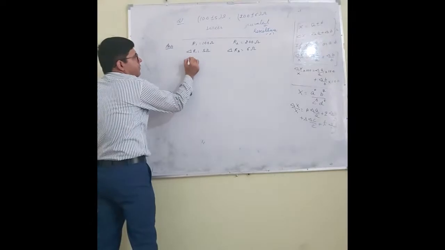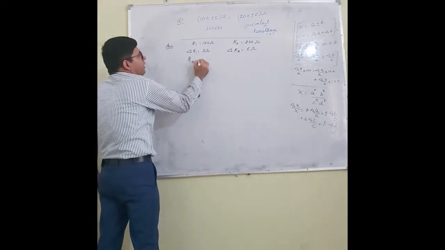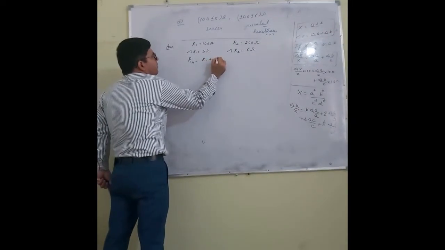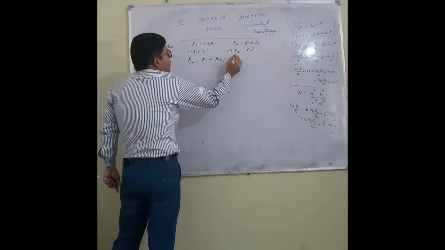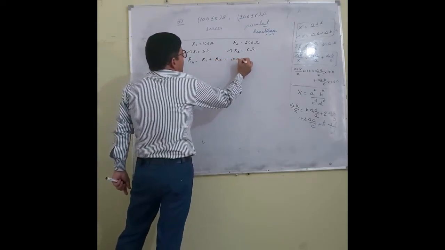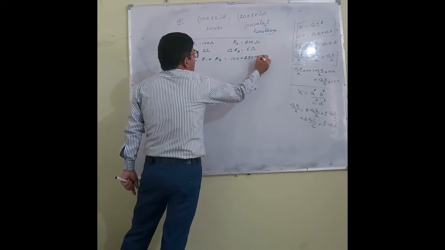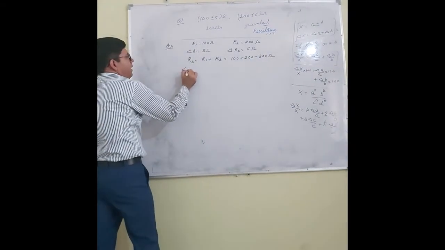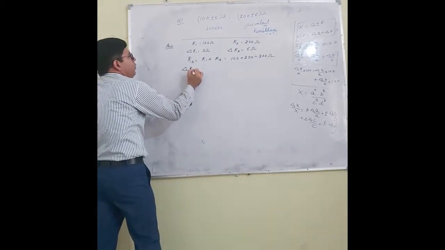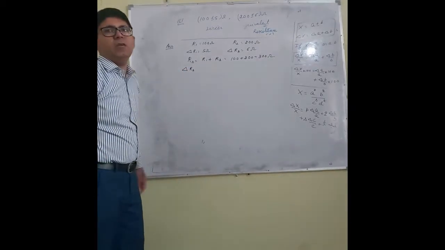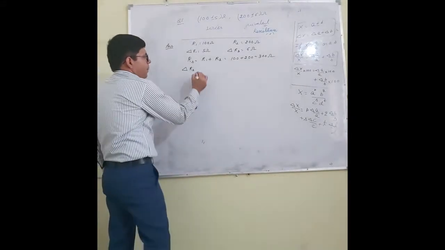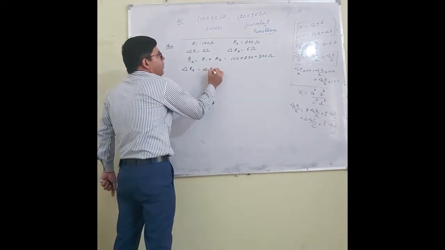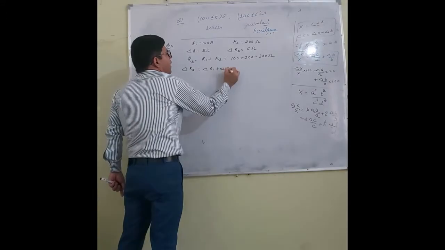If they are connected in series, total resistance will be R1 plus R2, that is 100 ohm plus 200 ohm, which is 300 ohm. The absolute error in equivalent resistance will be delta R1 plus delta R2, because they are added.